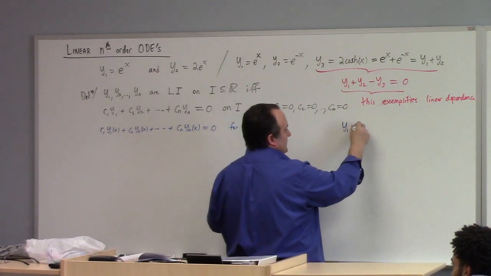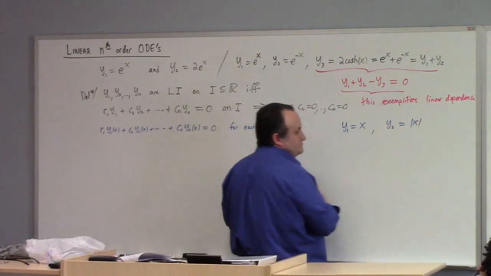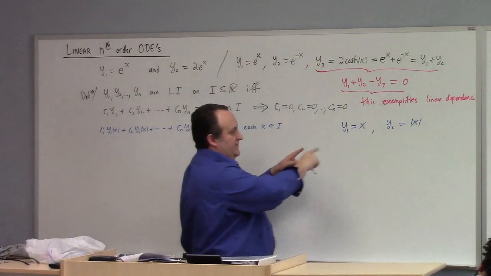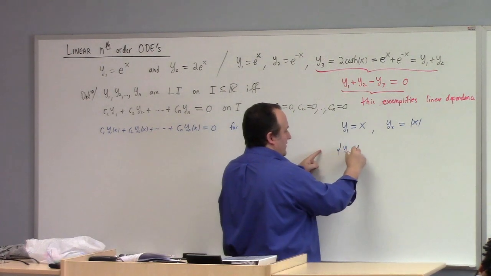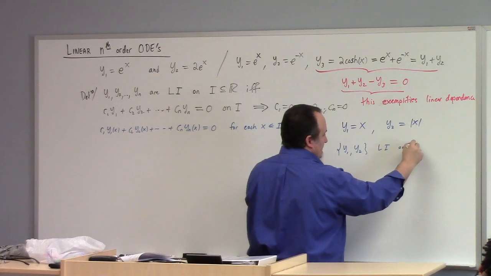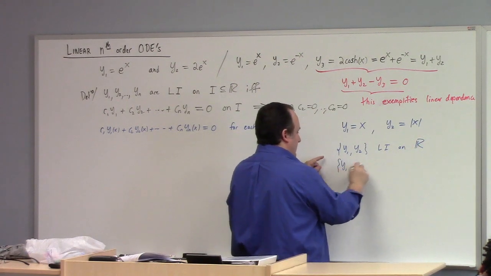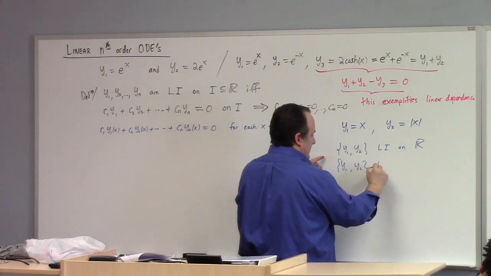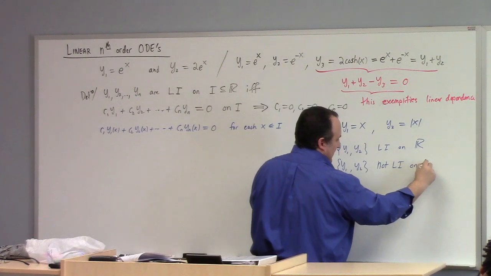If I have y1 is equal to x, and y2 is equal to the absolute value of x. If this is the situation here, I can say y1, y2 is linearly independent on the reals, but y1, y2 is not linearly independent on, let's just say, the positive reals.